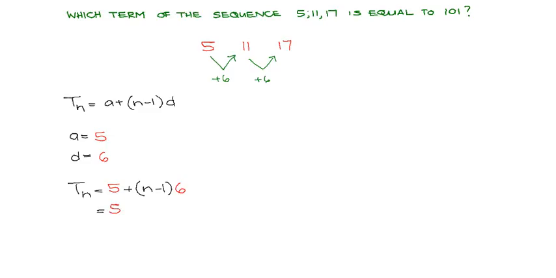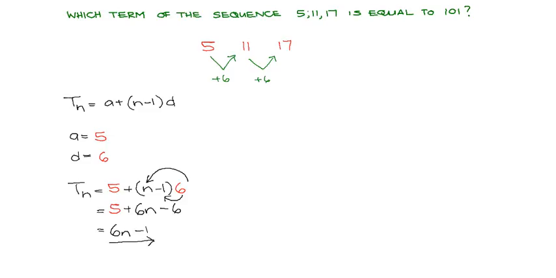Then we have the 6 multiplied by an n, which is going to give us 6n. And then we have 6 multiplied by negative 1, which is going to give us negative 6. So cleaning up a little bit more, we're going to bring our variable in first. So we have 6n. Looking at our constants, we have 5 minus 6, which is going to give us minus 1. Okay, this is what we have calculated to be a general nth term.